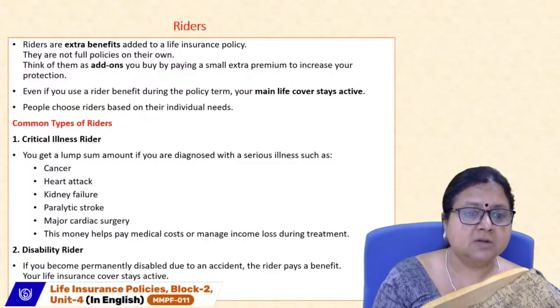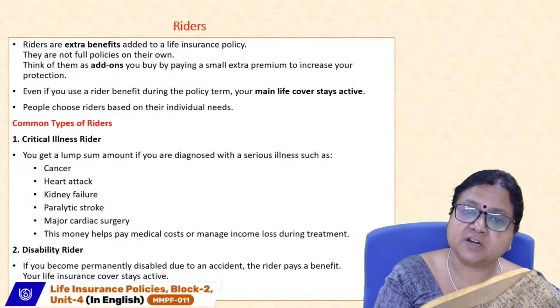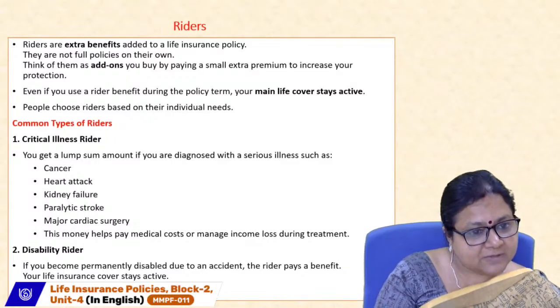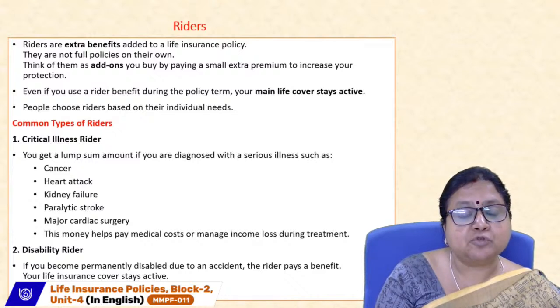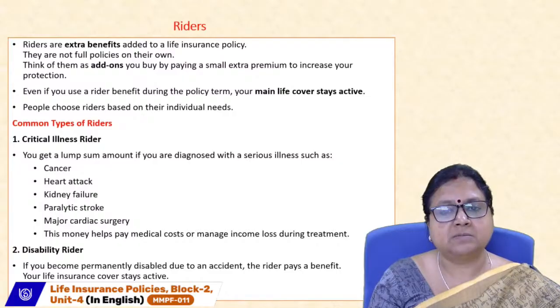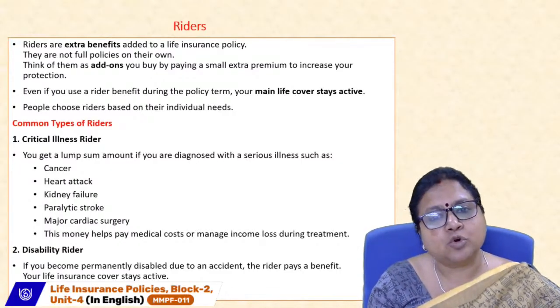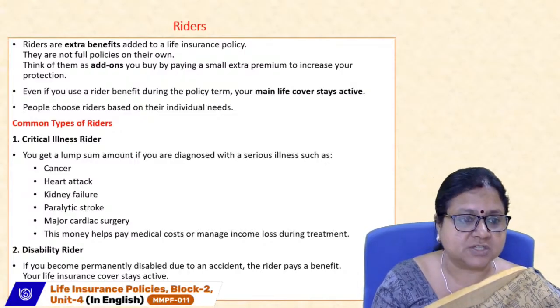But for having that rider in your policy, normal life insurance will call for a premium of, let us assume, 1,500 rupees per month. When you have this rider, then you might have to pay 2,000 rupees per month. So your premium also increases when you go on adding such riders into your policy.